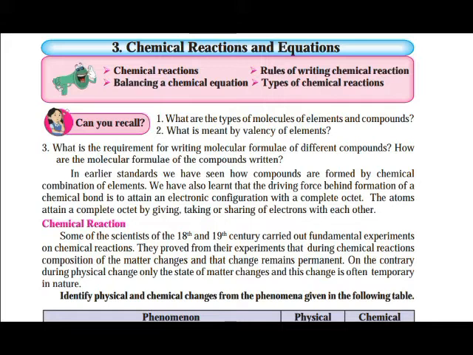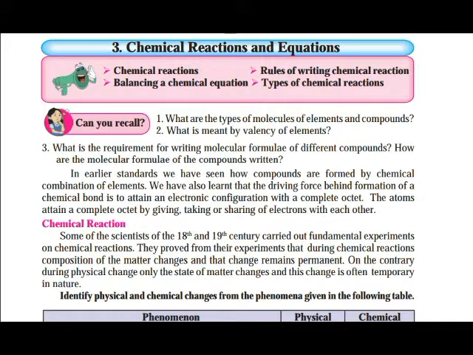Yes or no? Those are physical changes. The state of water changes, and this change is temporary. But during a chemical reaction, chemical changes occur, and the products which are formed are permanent.